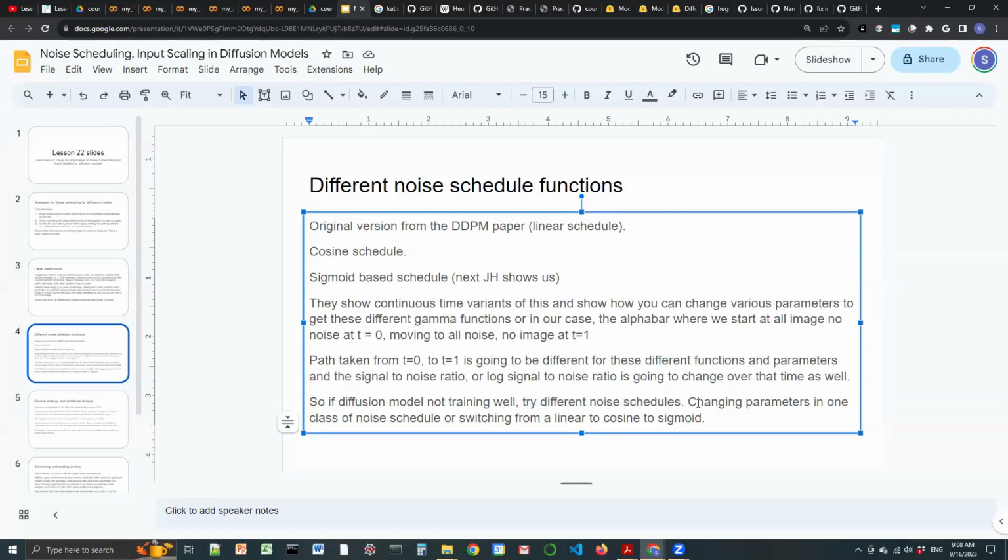We can change the classes of noise scheduler, or you can also change the parameters in one class of noise schedule, or switch from a linear to a cosine to a sigmoid.